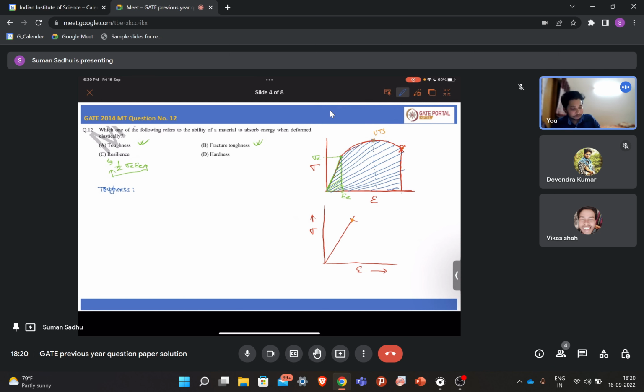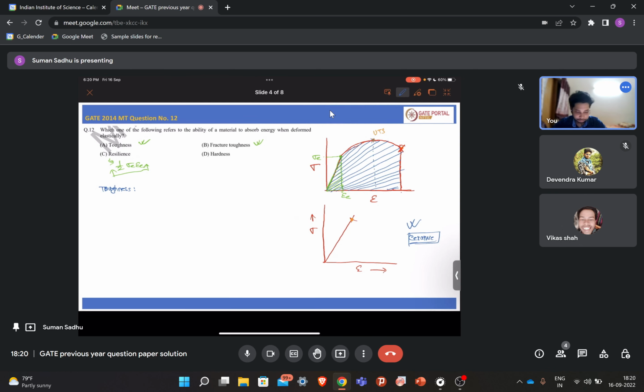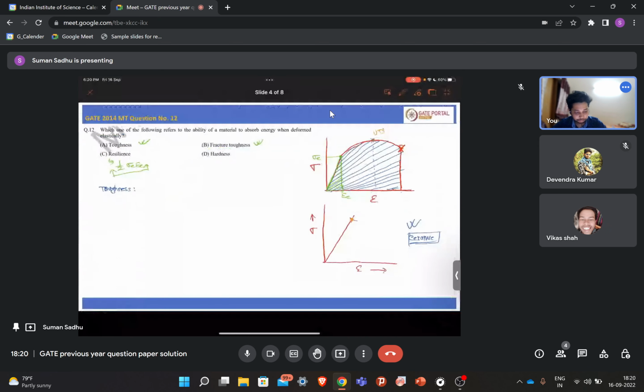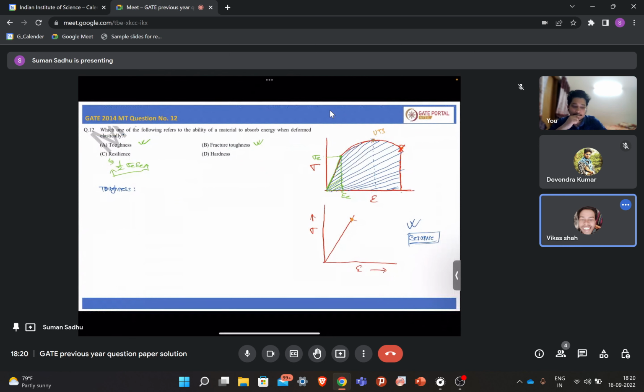And now, if you can see this stress strain curve, let's say this is for ceramic. What will be the resilience here and what will be the toughness here? The resilience and toughness will be the same, because in this case it is only deforming elastically.